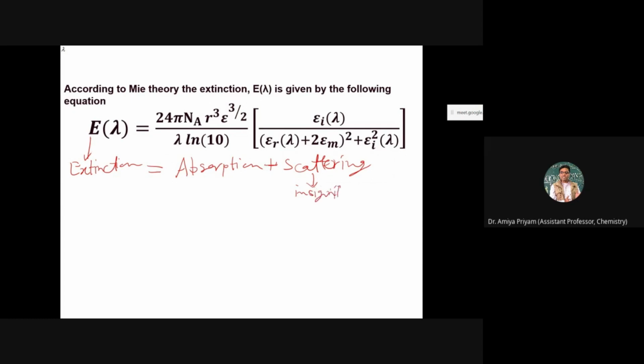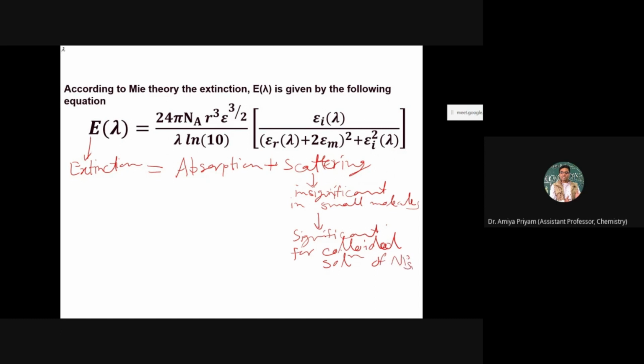It is significant in small molecules, but it will be very high in the case of a colloidal solution of nanoparticles.